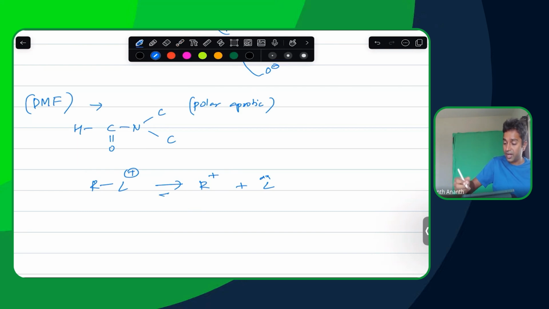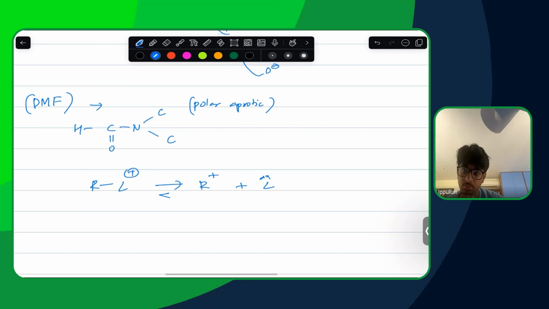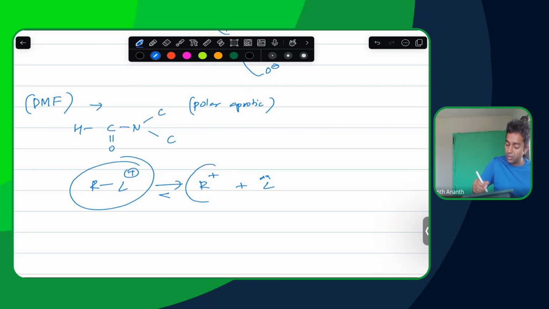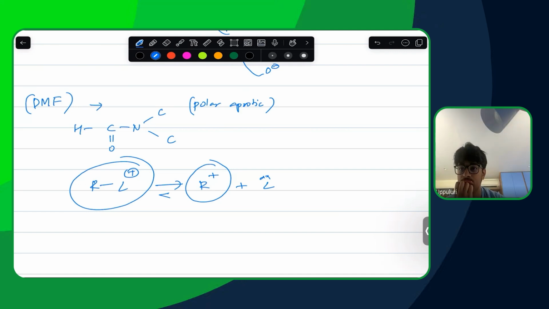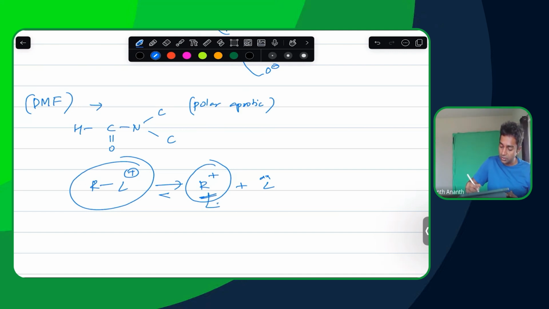But if I consider the reaction as an equilibrium, both of these are going to become more stable. Which one's stability is going to be more important now? Which one is inherently better? RL plus is inherently more stable than R plus. Why? Because the L is taking the lone pair and getting out, right? That means this R plus does not have an octet.